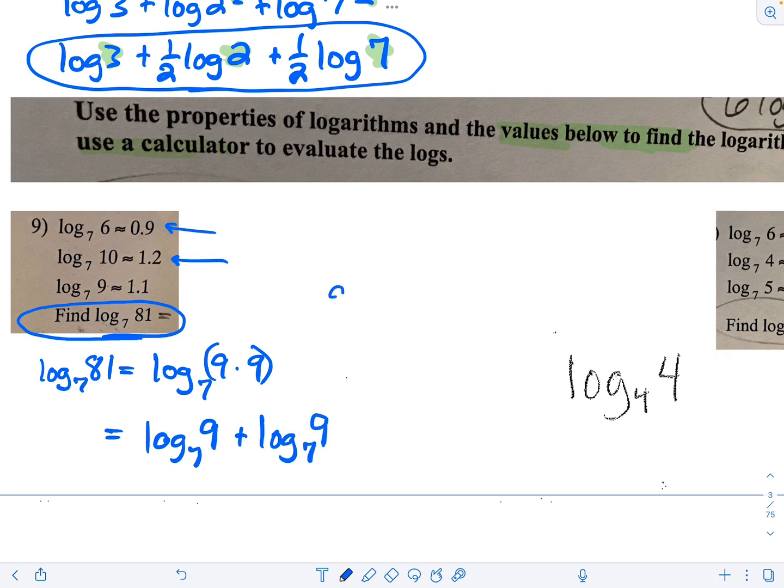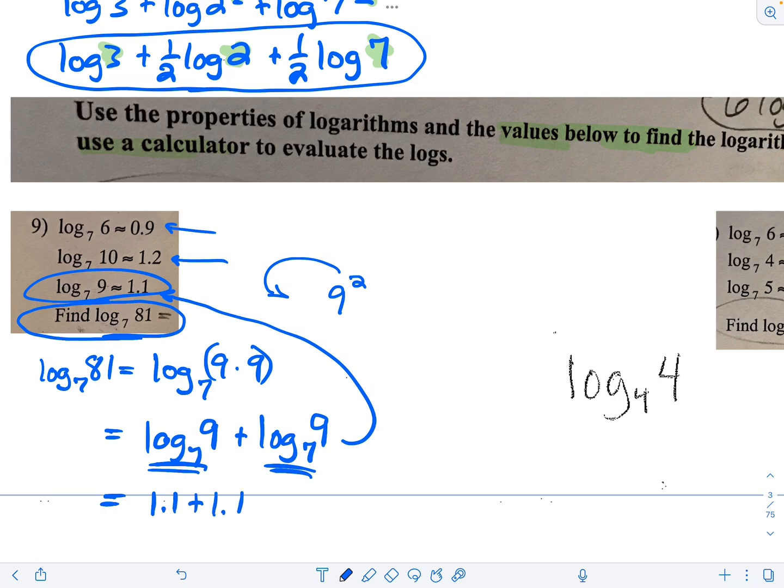Or if you wanted to use 9 squared, that could be 2 times the log of 9 base 7. And now we use our information. You could use the calculator, but they are having you use the clues provided, or the values, that the log of 9 base 7 is 1.1. So that's 1.1 plus 1.1, easy arithmetic, 2.2.